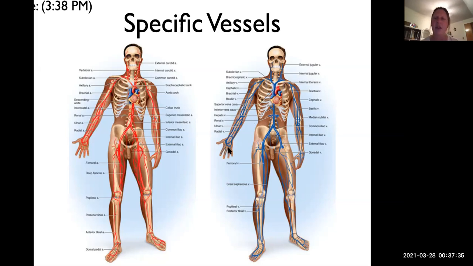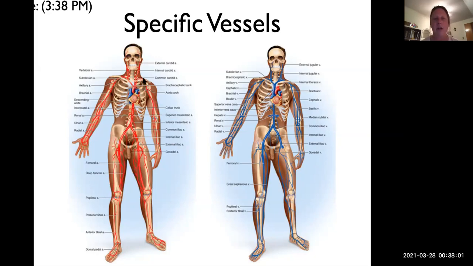The other thing that's a little misleading, and it's not really the artist's fault because this is so small, there's no way to draw it, is that there are tiny vessels that are coming off of these vessels to serve all of this tissue. So there are capillaries everywhere in the body, and the blood can literally make a U-turn just about anywhere.